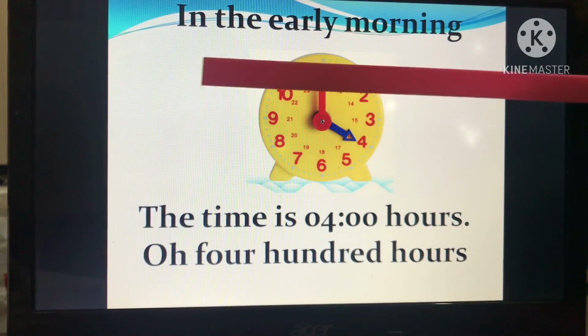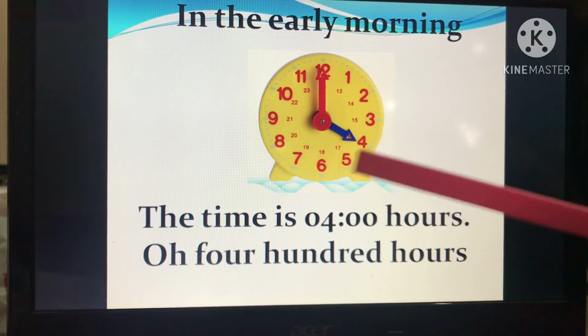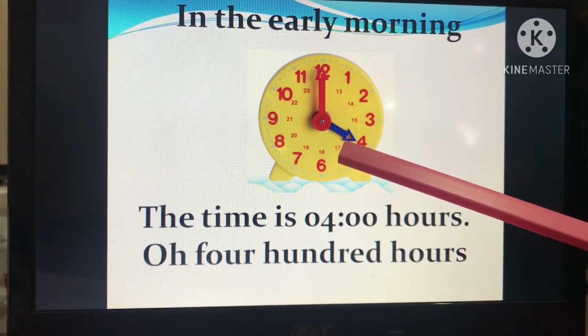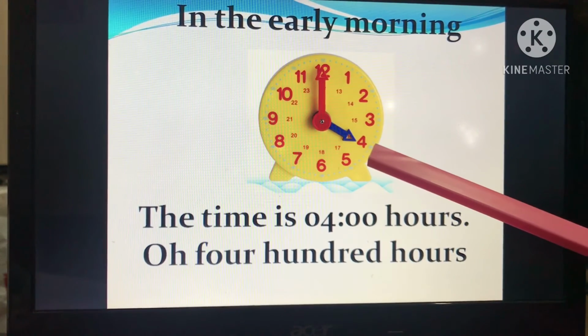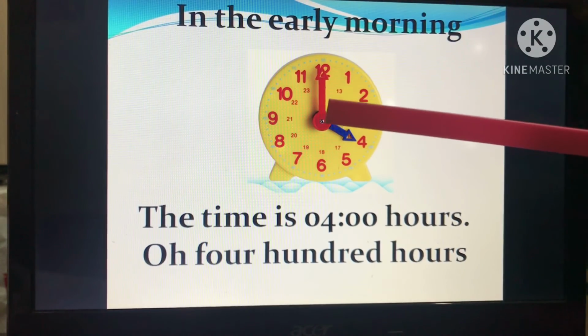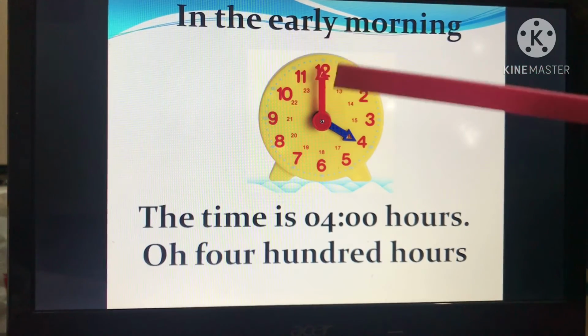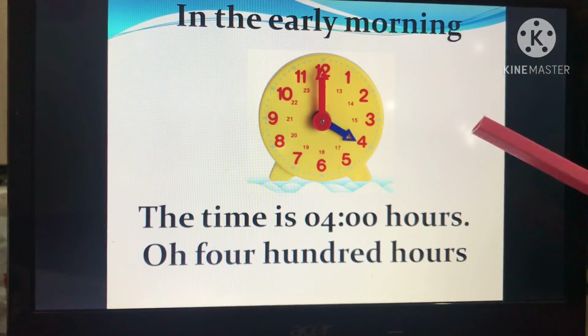First, in the early morning, we have here the time and the short hand or the hour hand is pointing at number 4 and the minute hand is pointing at what number? Okay, it is pointing at number 12.